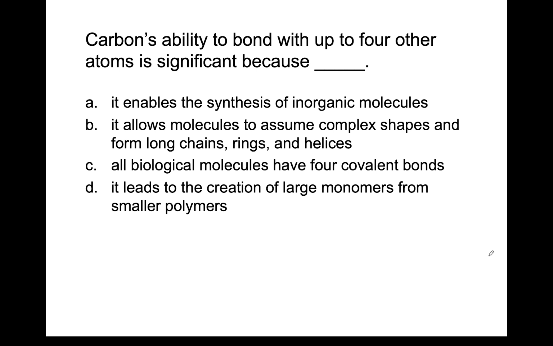Carbon's ability to bond with up to 4 other atoms is significant because... the answer is B. Carbon is the basis of organic molecules due to its ability to form 4 covalent bonds. This property allows the formation of complex structures such as long chains, branches, rings, and helices. So the answer is B.